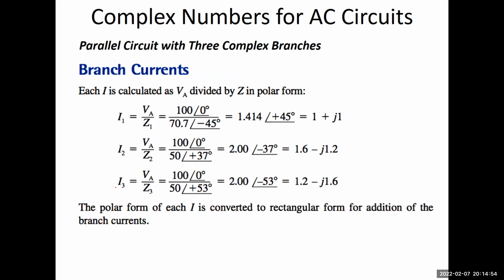Therefore, our V is equal to 100, magnitude 100, with a 0 degree phase angle. This is now converted to rectangular form. We have a magnitude of 70.7 and a phase angle of negative 45 degrees.